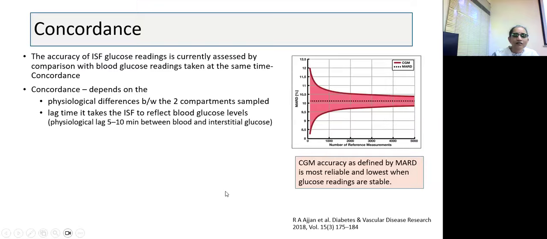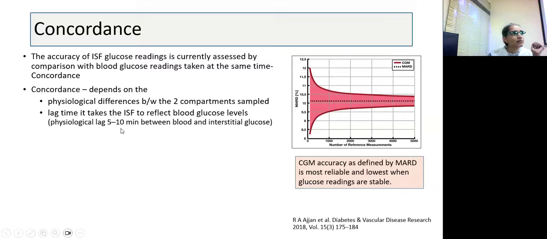These devices are calibrated based on the accuracy of the CGM sensor read glucose values in comparison to capillary or venous blood glucose levels. This concordance also depends on the difference between the two compartments, because in the CGM we are measuring interstitial glucose, while blood glucose is a direct measurement of the blood glucose levels.